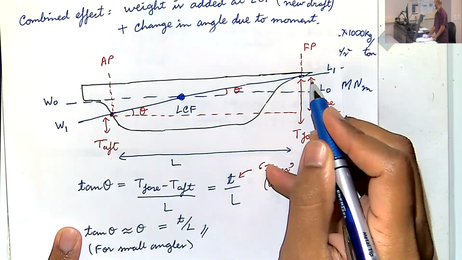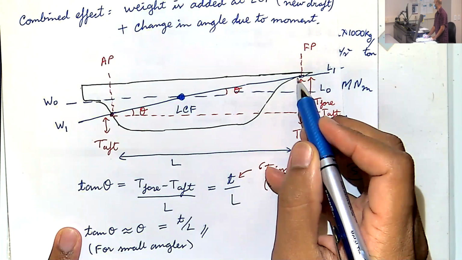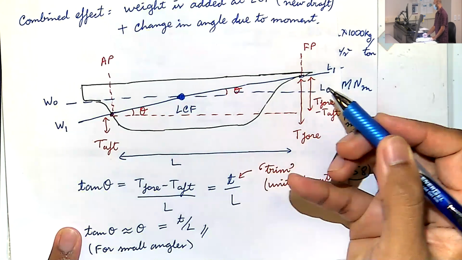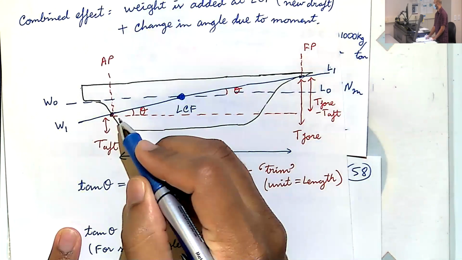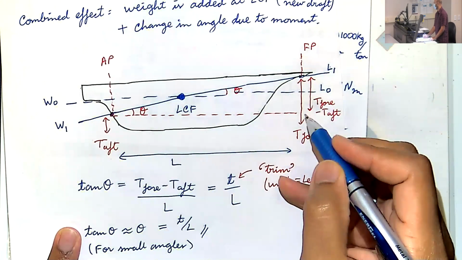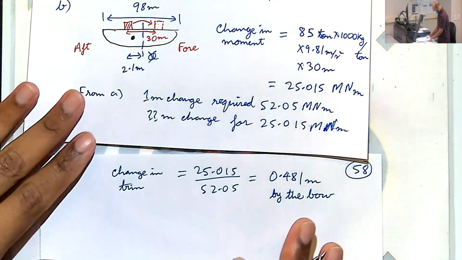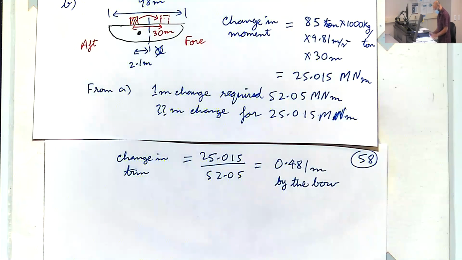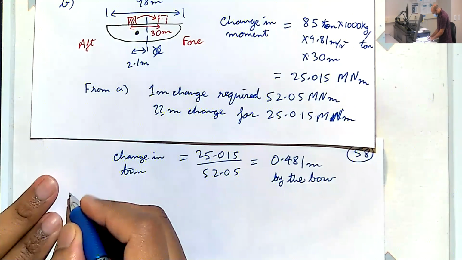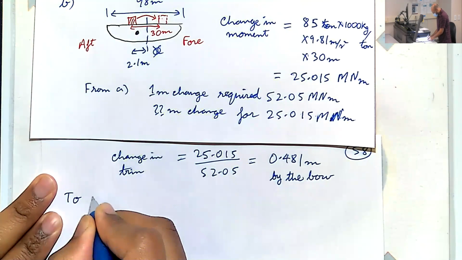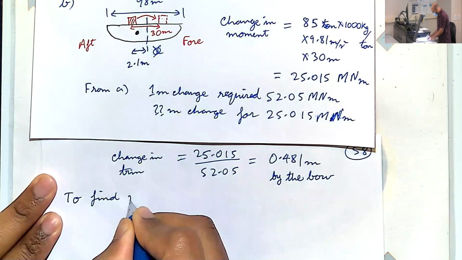But that's not what we want. We're asked to find what's the draft forward, what's the draft aft. We don't just care about the difference between the two. So to find those, we'll just use very simple trigonometry to find new draft values.